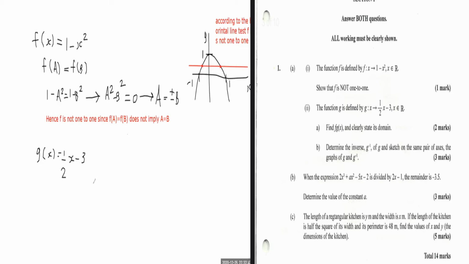It means that to find f g of x, we put g of x into f. We put all of this into f, so it's going to become 1 minus a half x minus 3, all squared.